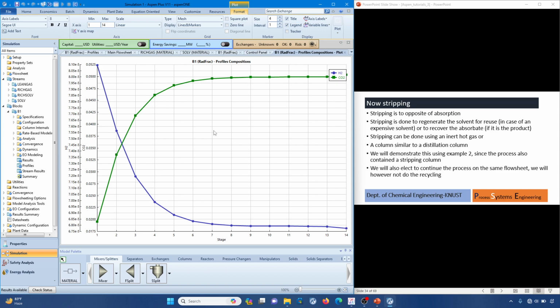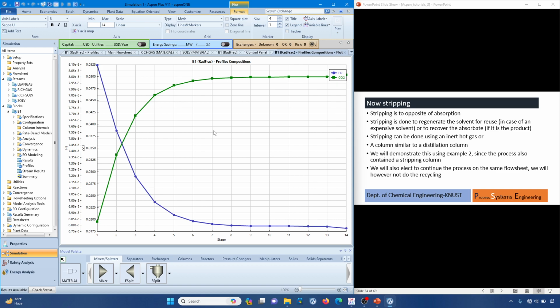If some of these solvents are expensive, like in our case the glycol solution used to remove the CO2, we might want to reuse that solution. So we can strip the solution of the carbon dioxide and then return it back down the column. In some cases, if the CO2 is the material of interest, then we would want to recover it from the solvent, the liquid phase. So in that case, we do stripping.